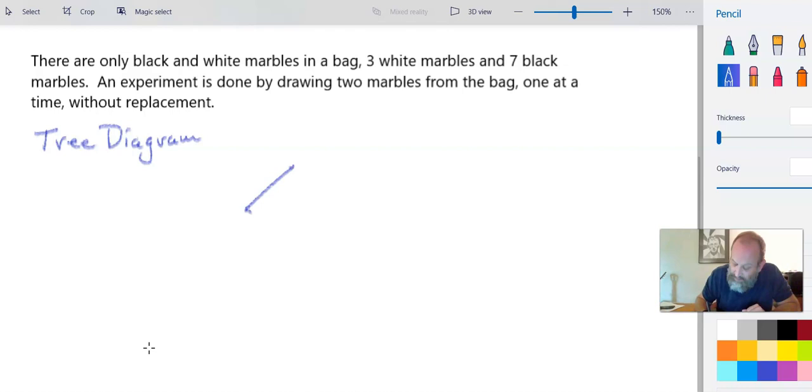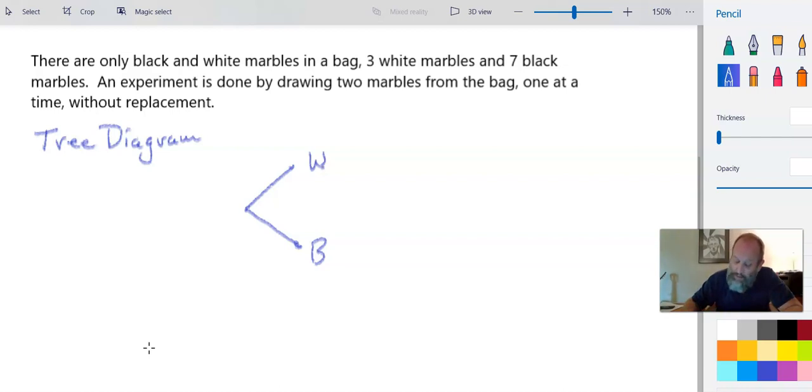In the first part of the experiment, which is the first draw here, since we only have black and white marbles, we only have two choices. It's either going to be a black marble or it's going to be a white marble. If I draw a second time, I still have that choice.